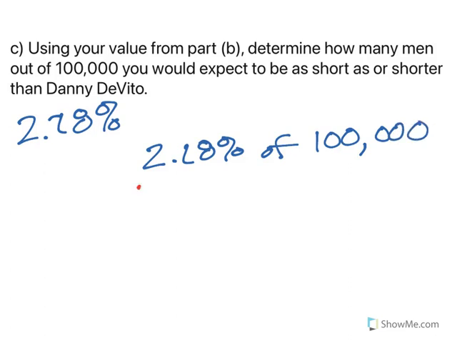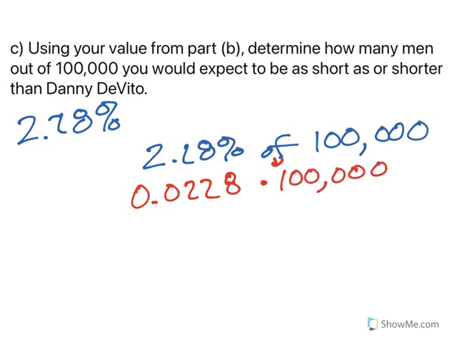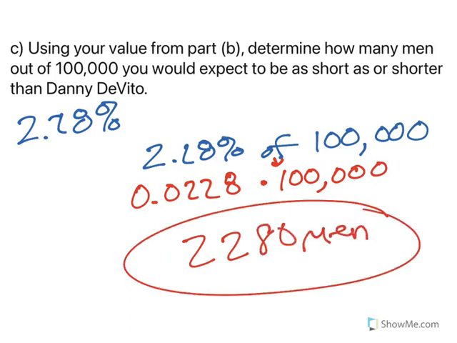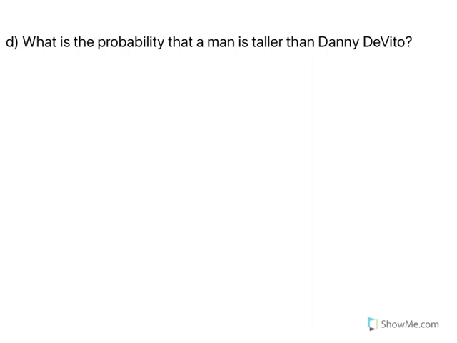Well, we would change this percent back to a decimal, so 0.0228. Of means to multiply, and we would multiply by 100,000. So 0.0228 times 100,000 gives me 2,280 men. So out of 100,000, 2,280 men would be as short or shorter than Danny DeVito.